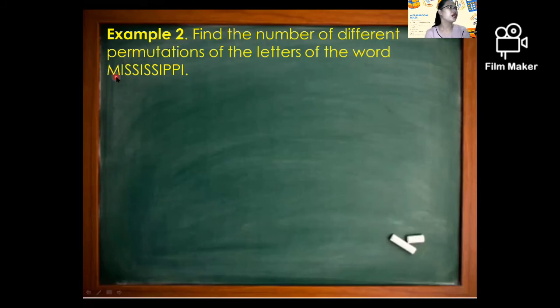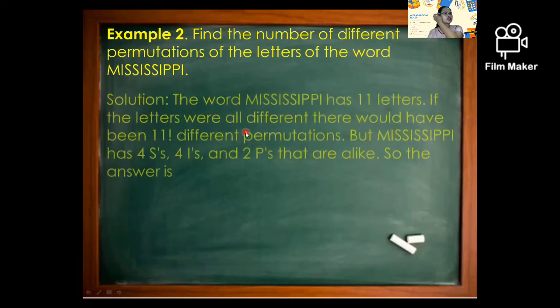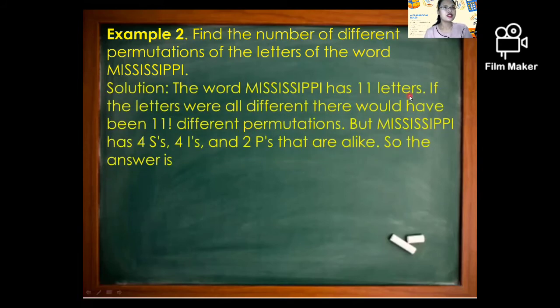Let's count. 1, 2, 3, 4, 5, 6, 7, 8, 9, 10, 11. So we have 11 letters. If the letters were all different, there would have been 11 factorial different permutations.